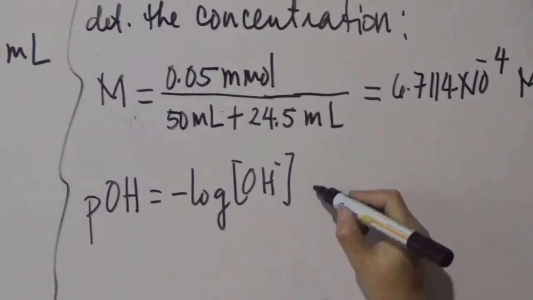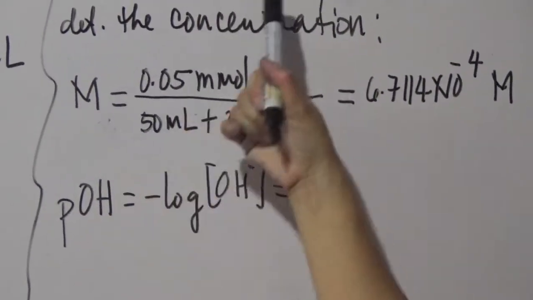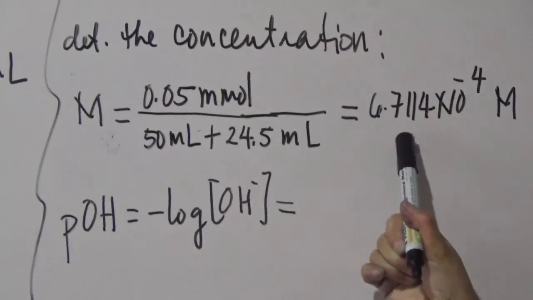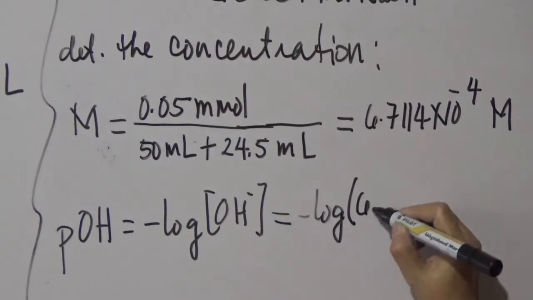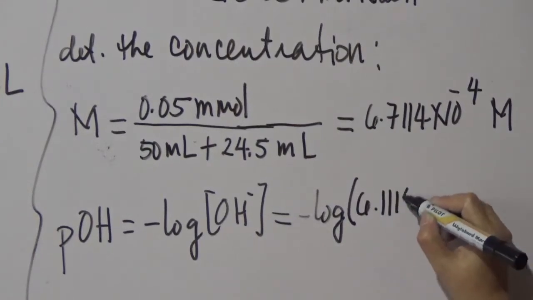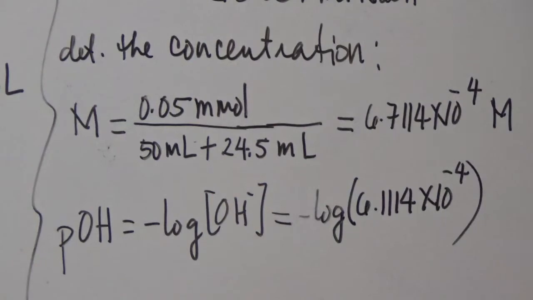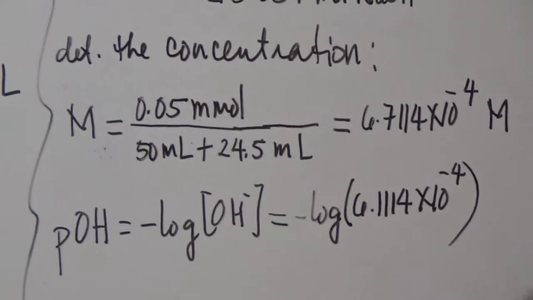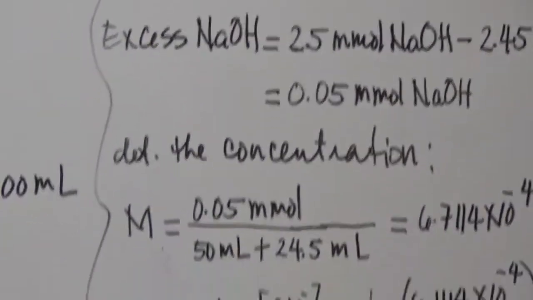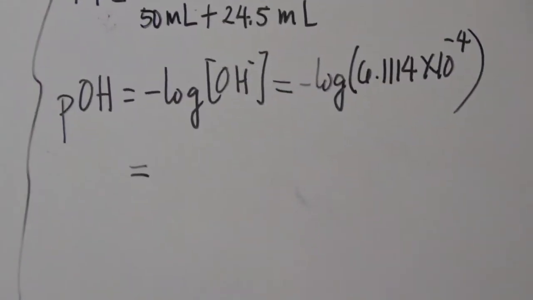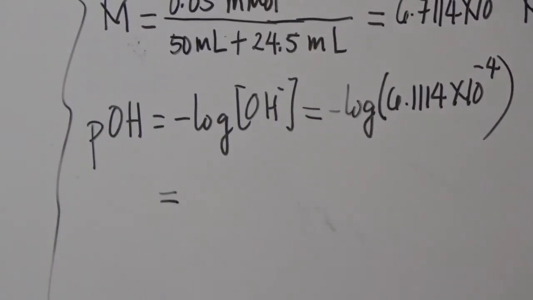The concentration of the hydroxide ion is equal to the concentration of the sodium hydroxide, which is 6.7114 times 10 to the negative 4. So pOH is equal to the negative log of 6.7114 times 10 to the negative 4.